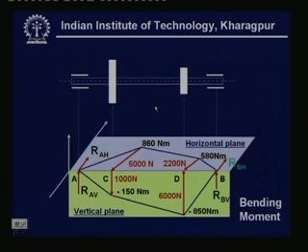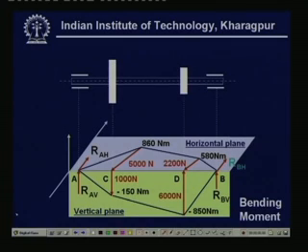Now, if we look into this diagram, one is a vertical plane and another is a horizontal plane. The pulley weight of 1000 Newton will be in the vertical plane, directed downward, and the gear force acting onto the pinion is in an upward direction.